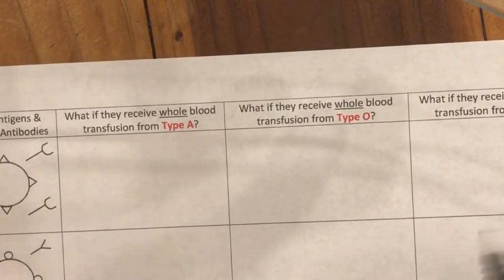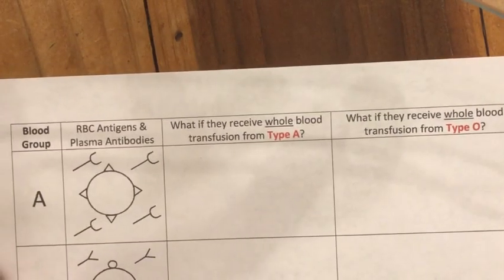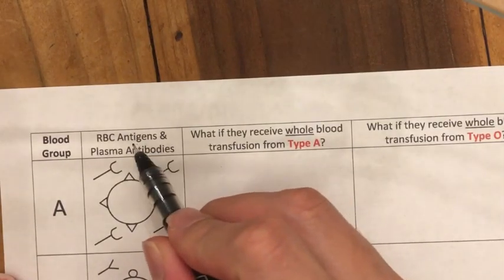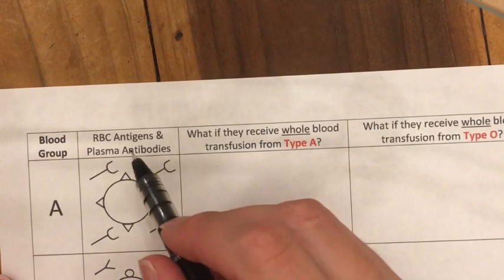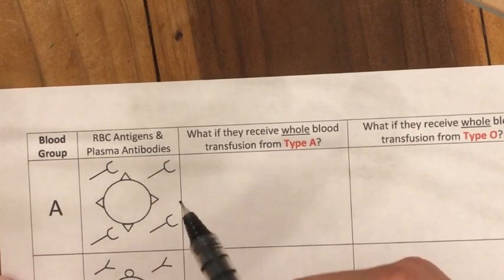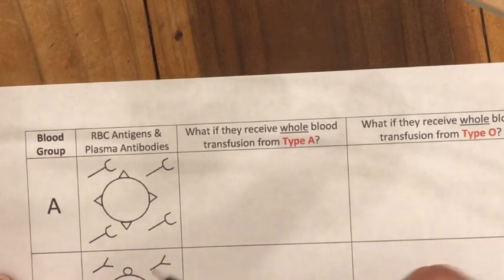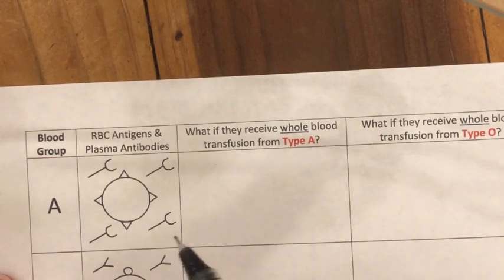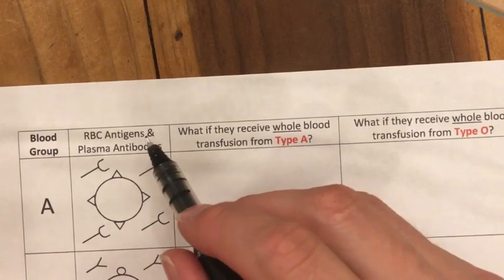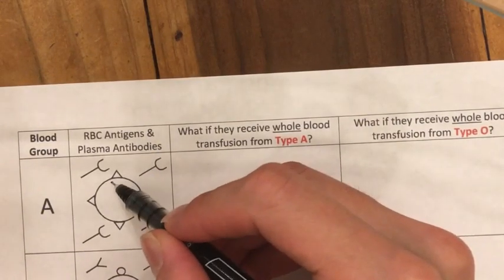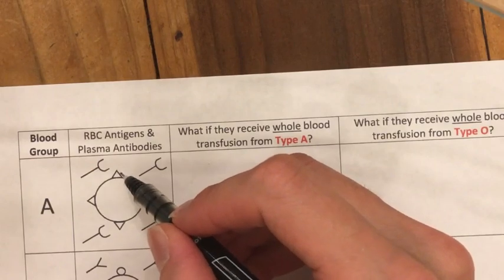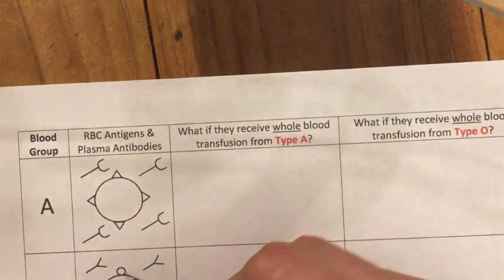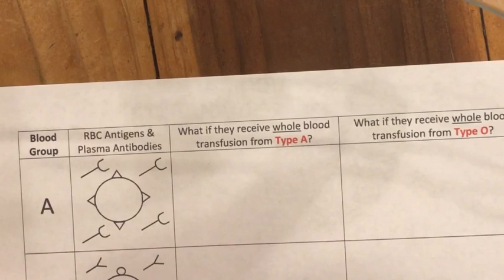Okay, so the first word that I want us to look into here is this word antigen. An antigen gets its name because it is an antibody generator. Antigen, antibody generator. It's going to be specifically a type of glycoprotein, which is a protein connected to some sort of carbohydrate.